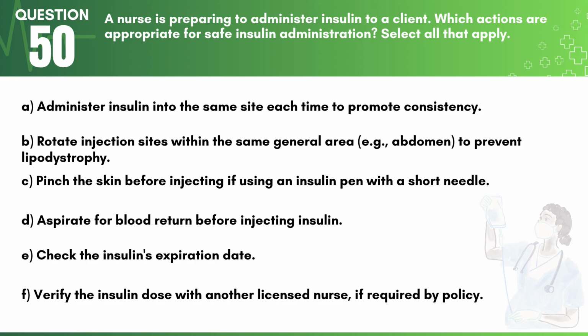C. Pinch the skin before injecting if using an insulin pen with a short needle. D. Aspirate for blood return before injecting insulin. E. Check the insulin's expiration date. F. Verify the insulin dose with another licensed nurse, if required by policy.